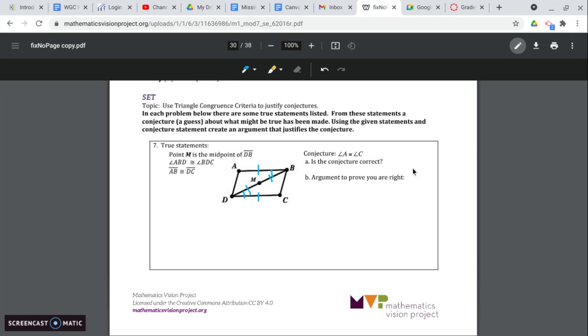So our justification here: we know that AB is congruent to DC and angle ABD is congruent to angle BDC.